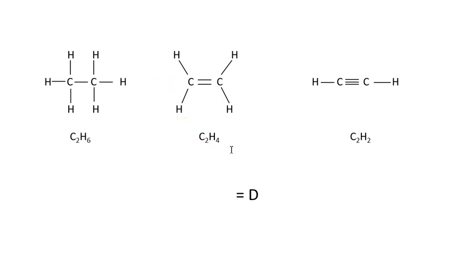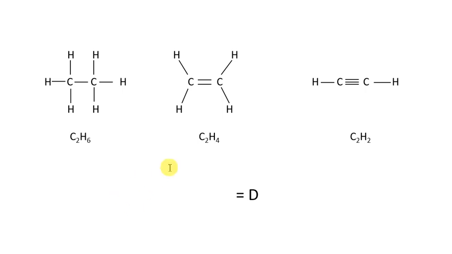C2H4. Each carbon with 2 hydrogens, meaning I must have a double bond, shorter than the single bond in C2H6. C2H2, triple bond. My triple bond is shortest, my single bond is longest. You could do this by drawing the 3 structures out.